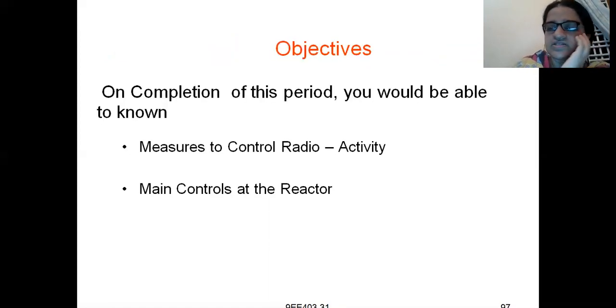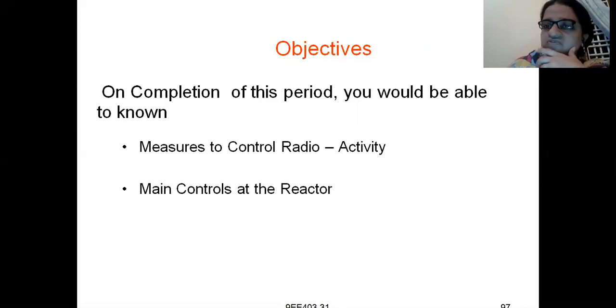Right. Next, the topic I want to deal with is measures to control radioactivity, the main controls at the reactor. I have already told the definition of radioactivity, right? The emission of radiation from a nuclear material is called radioactivity.